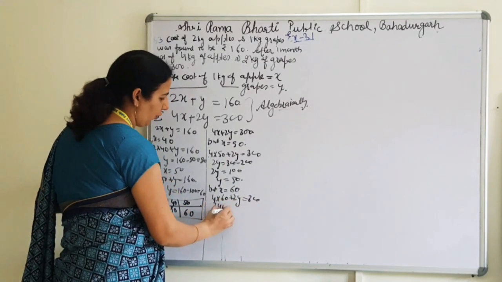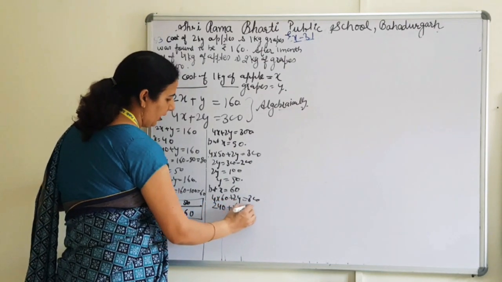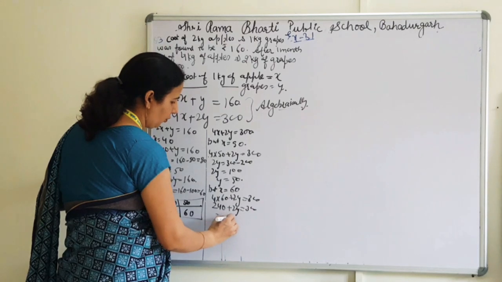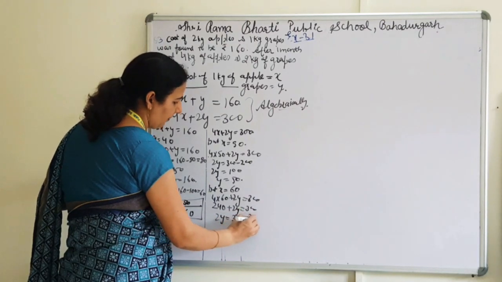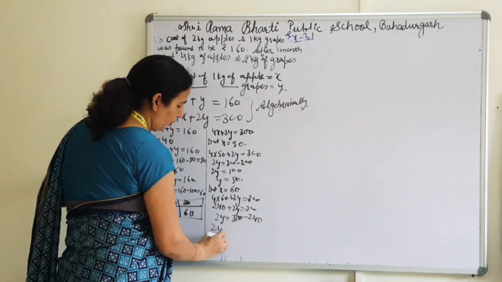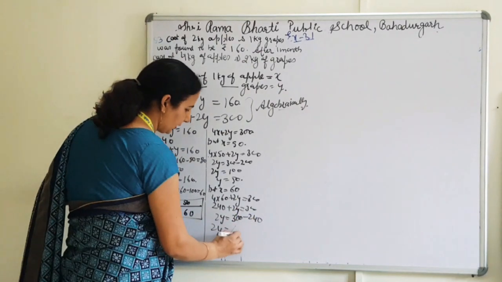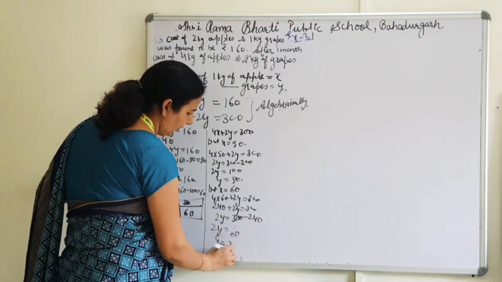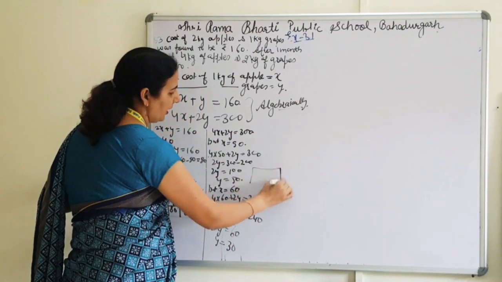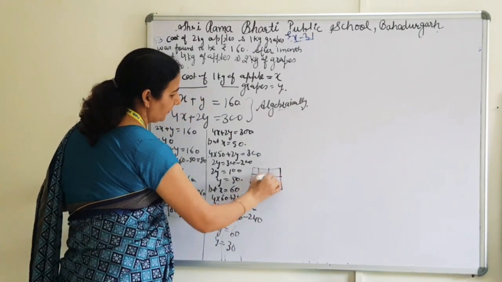It is 240 plus 2y is equal to 300. So 2y is equal to 300 minus 240, which is 60. So the value of y is 30.